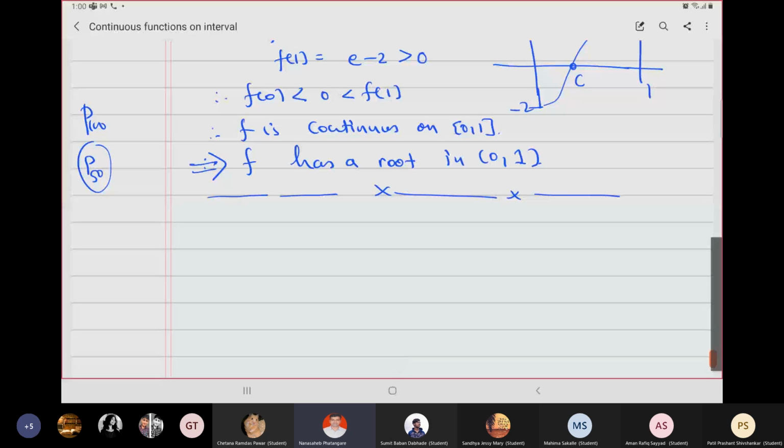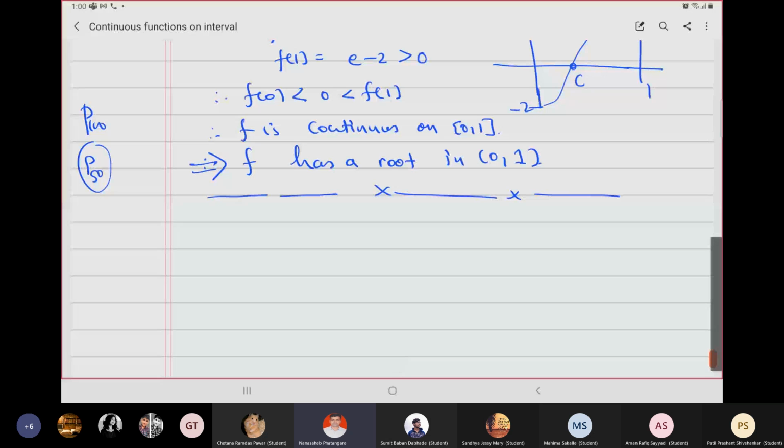Okay, so what we were discussing last time, the location of root theorem.